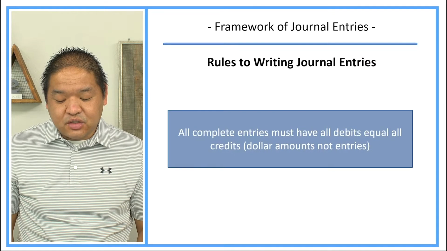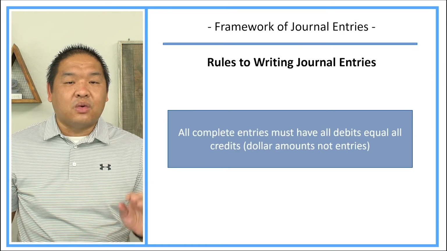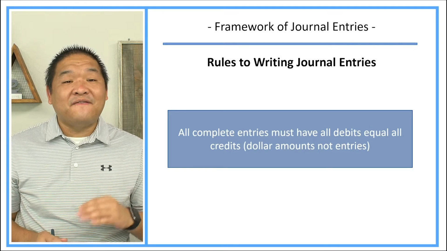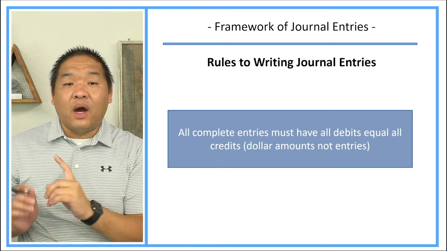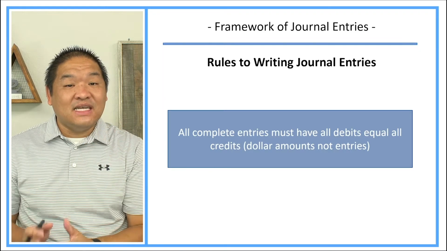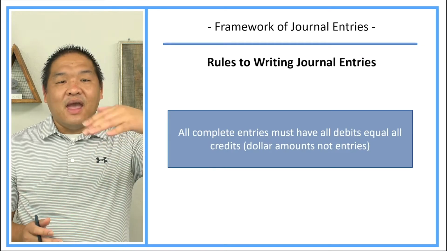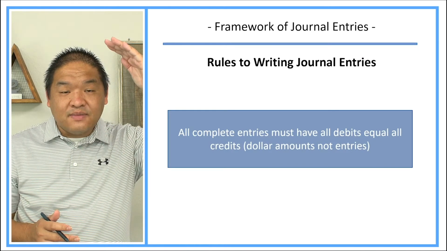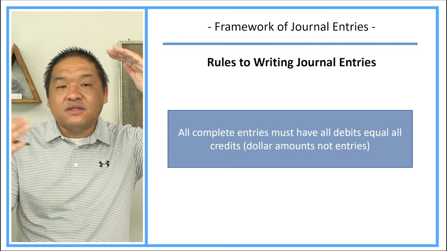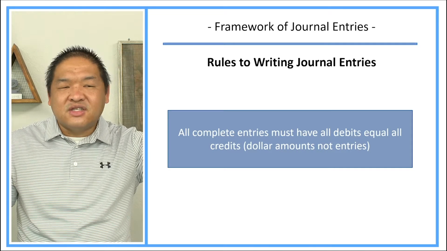Now, all completed journal entries must have all debits equal all credits. We're talking about dollar amounts here, not entries. So I can have 500 debits and 1 credit as long as the sum of all debits equals the sum of credits. Okay, so if I debit 500 different accounts and it totals $5,000, then that 1 credit must be, what did I just say, $5,000?